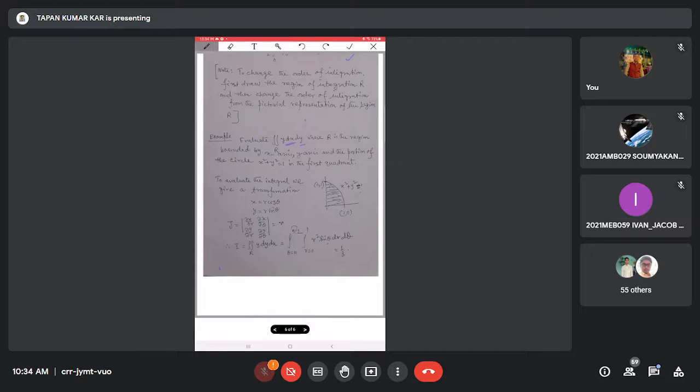change of variables, then look at this, how you will evaluate the given integral, that is equal to the integral of x, y, dx dy.